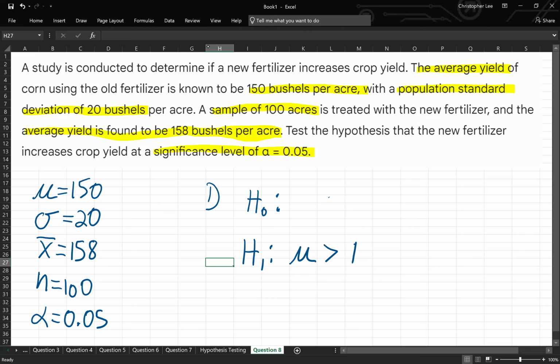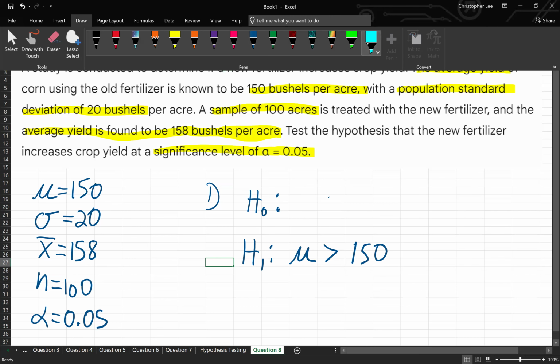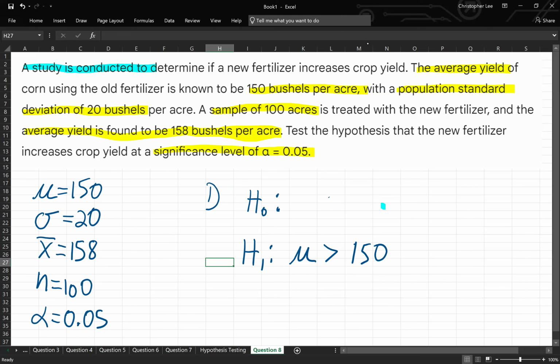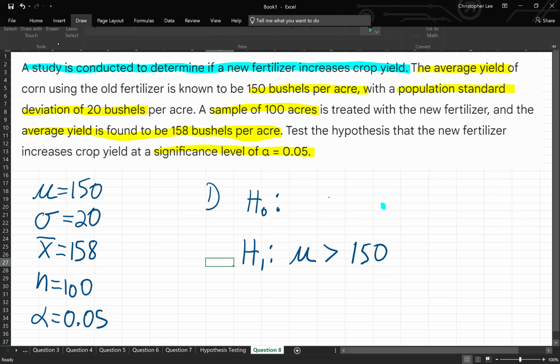How did you know it was greater than 150? Right, it's that first sentence right at the top. A study is conducted to determine if the new fertilizer will increase the crop yields. That right there is your alternative hypothesis.